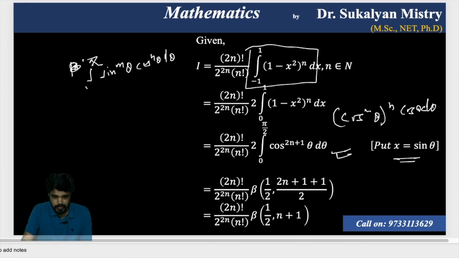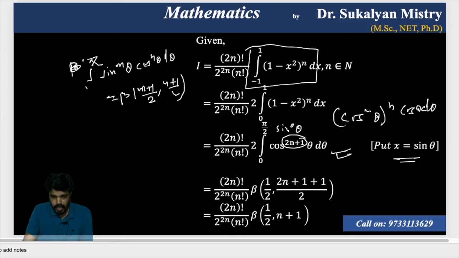Here sin can be written as sin to the power 0 theta, so m is 0, that is 1 by 2, and here n is 2n plus 1, so (2n plus 1 plus 1) by 2, that is 2n plus 2 by 2, that is n plus 1.